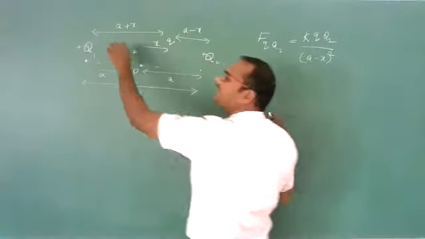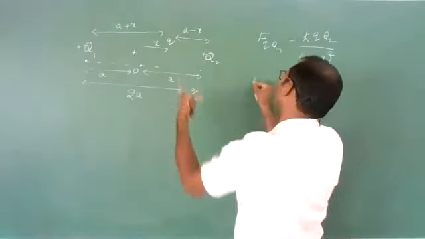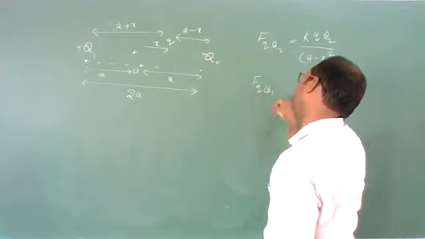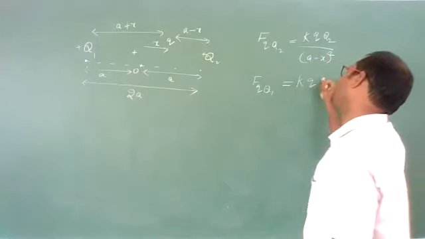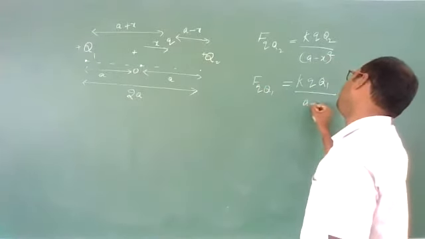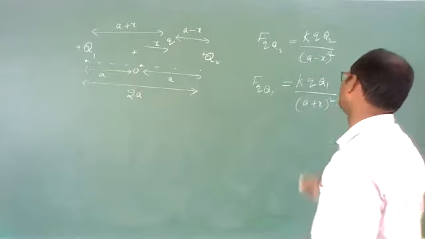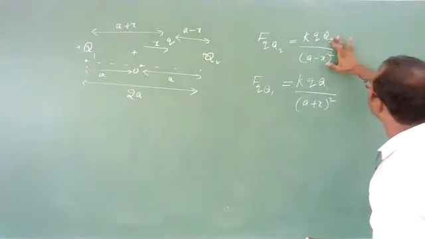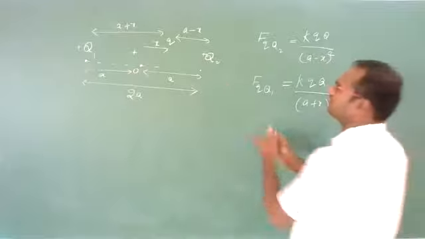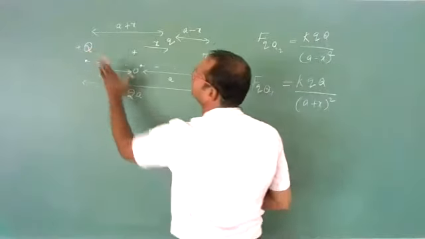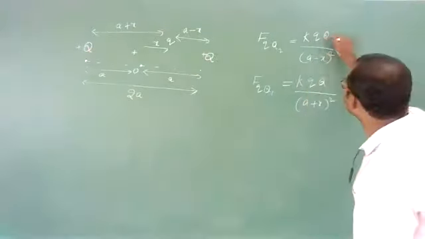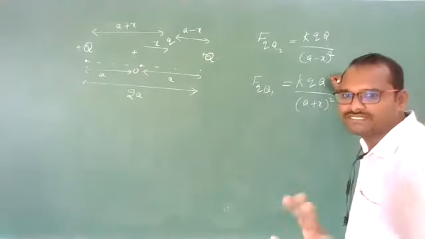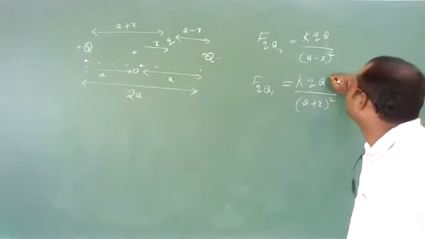Due to the other one, again a repulsive force, this side: the force on small q due to Q1 is k q Q1 divided by (a plus x) whole square. Imagine these two magnitudes Q1 and Q2 are equal. The values of capital Q are not different.